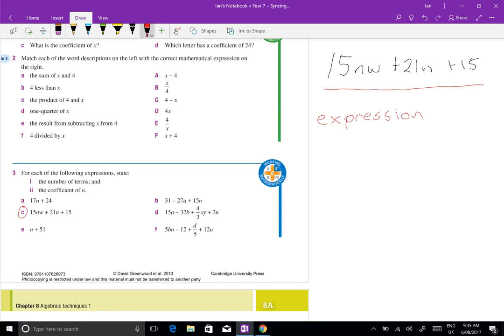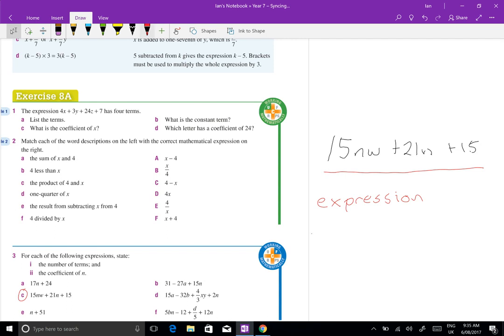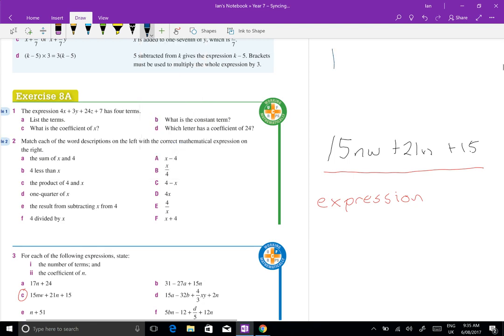but it has pronumerals. Now, our pronumerals are things that stand for numerals, and we usually use letters. And our pronumerals are the N, the W, and we've got another N. We only have two pronumerals in this one, N and W, and they are variables.